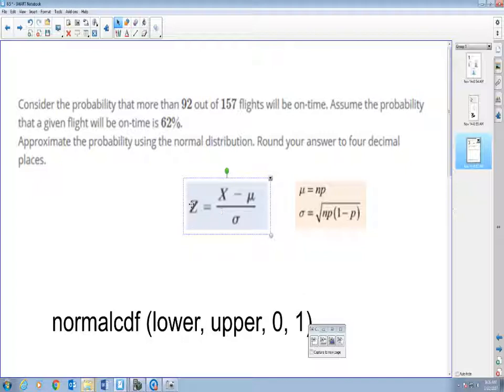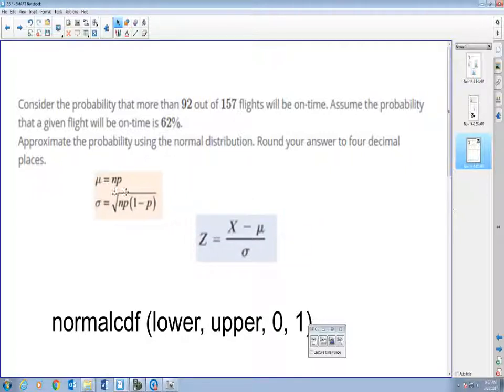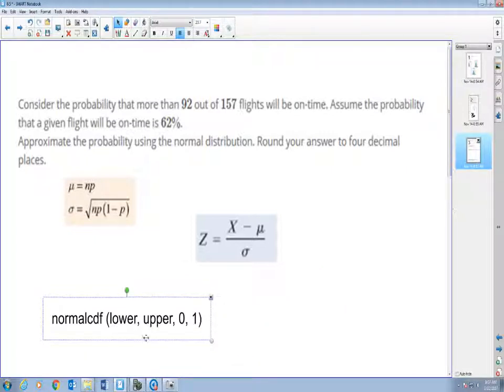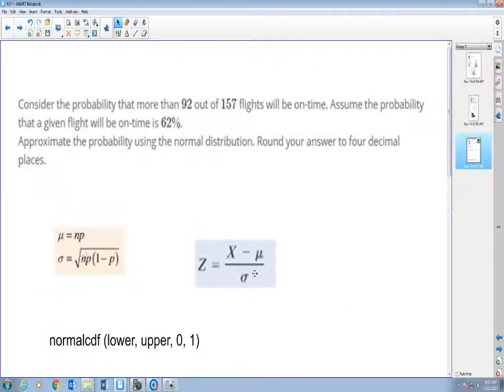So I need to find the z-score for me to put either lower bound or upper bound. Just to find the z-score, I got to have a random variable x, a mean, and a standard deviation. So that means I need to actually find the mean and a standard deviation for this problem first before I can convert it into a z-score. Okay, so with all 3 things in mind, let's write down what we know.